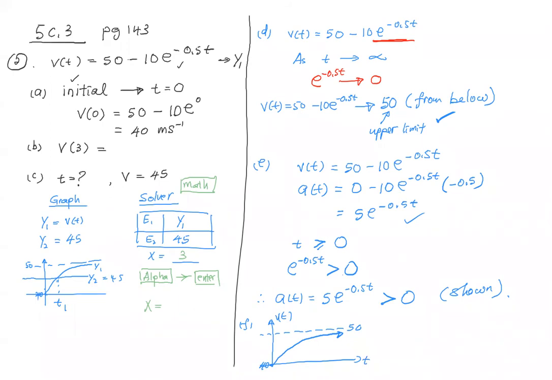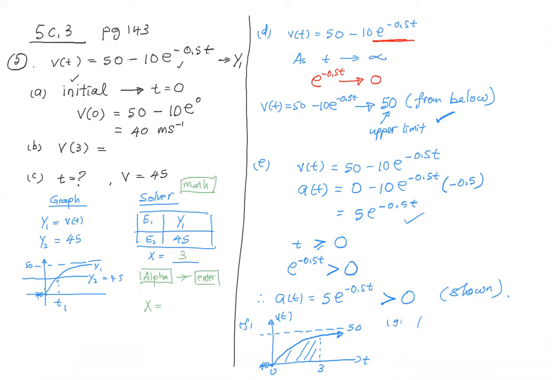Okay, then they say find the total distance traveled in the first 3 seconds. So this one, first 3 seconds, I have to look for this area. Am I right? Is the whole area above the x-axis? The answer is yes.